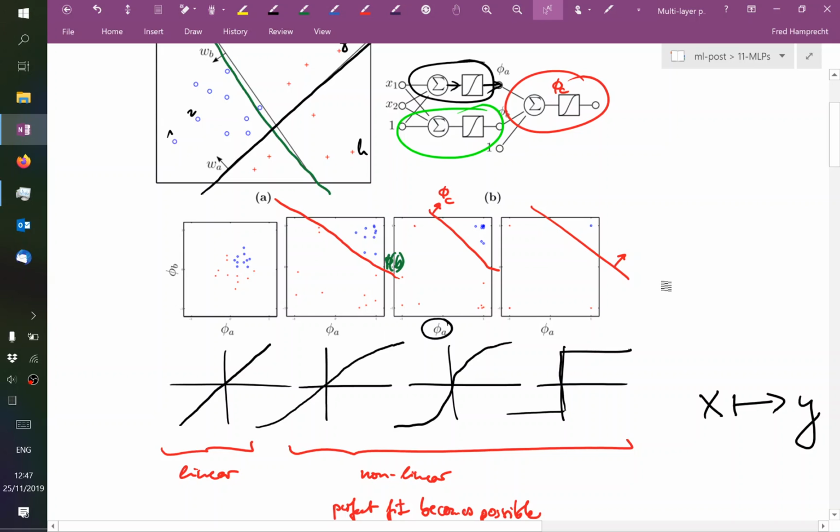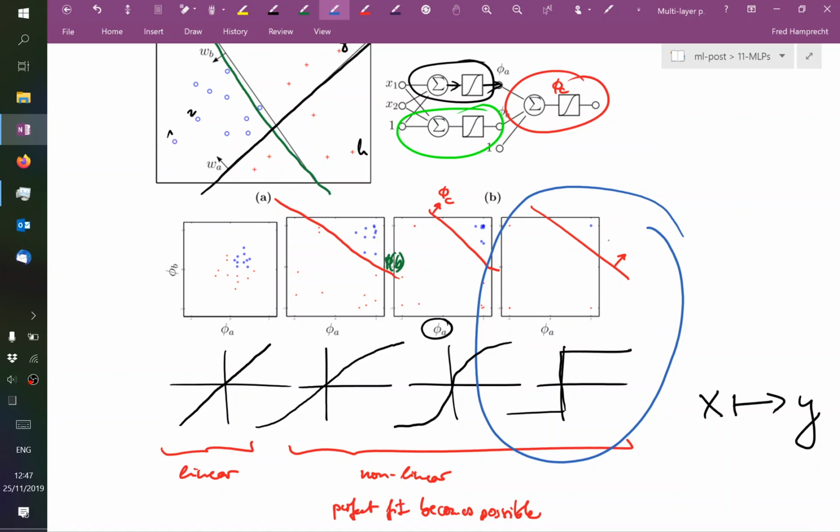And if I use this map here, the Heaviside step function, then it's going to be very difficult to find good parameters because my loss surface is piecewise constant, and I don't know how I should change the parameters of my perceptrons in this first layer in order to get a useful intermediate representation.